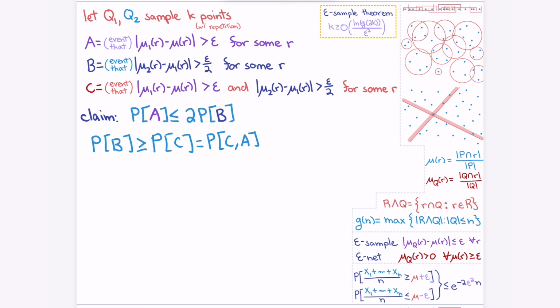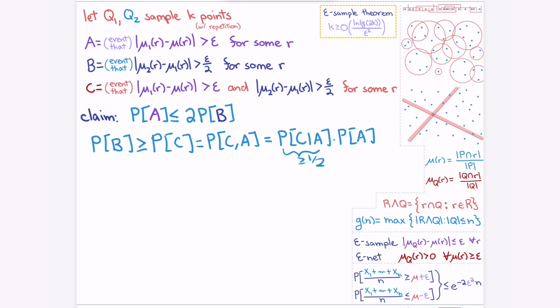Now I can break this down as the probability of C given A times the probability of A. It seems like we did nothing, but somehow this is going to be very helpful. If I can just show that this thing is greater than or equal to 1/2, then I'll be happy.